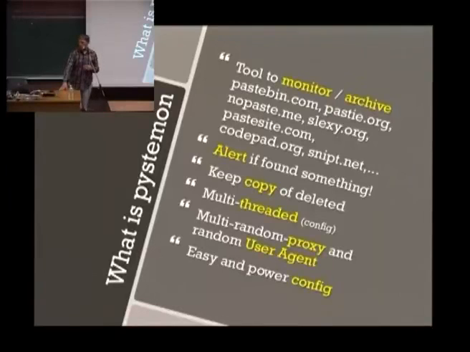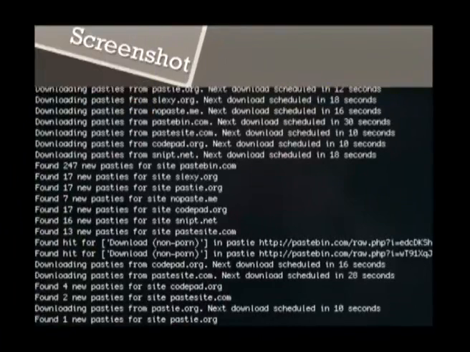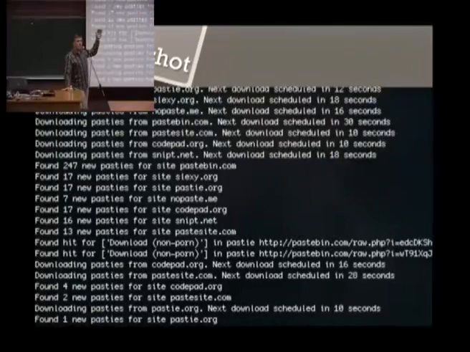So I will show a few examples. The tool is command line based, and when you run it, you will see this output. When the program starts, it immediately downloads the list of the last pastes published on the site, and then it puts everything in buckets, and each thread will process the buckets to download the pastes in parallel.